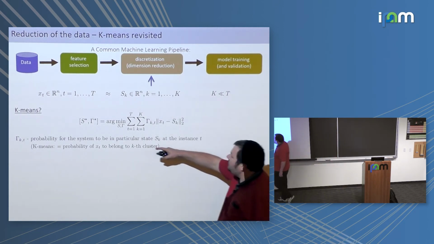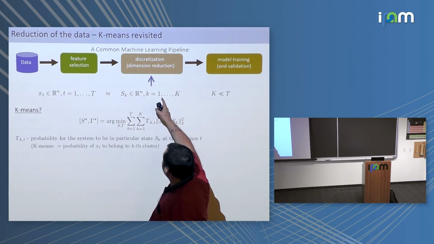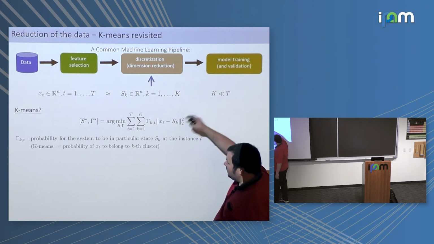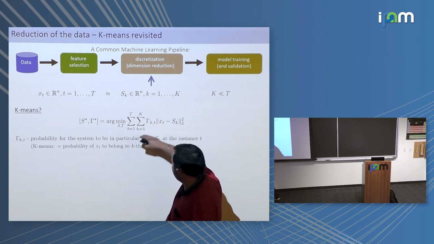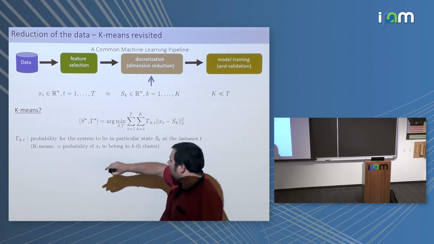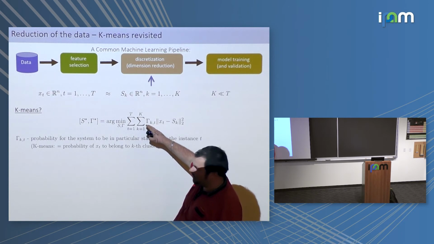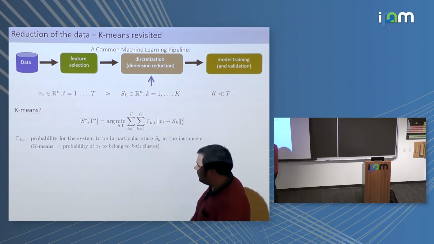So I have some points x, and I can use k-means to discretize the data to reduce the number of points which I have. And in this case, in the soft settings, these gammas can represent the probabilities of xt to belong to the kth cluster, if you are using gamma from 0 to 1, and the sum in each t is equal to 1.